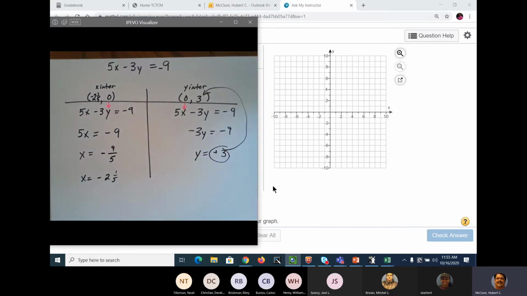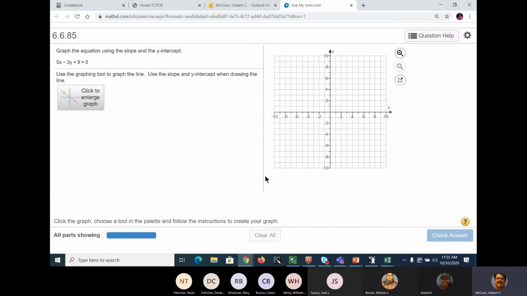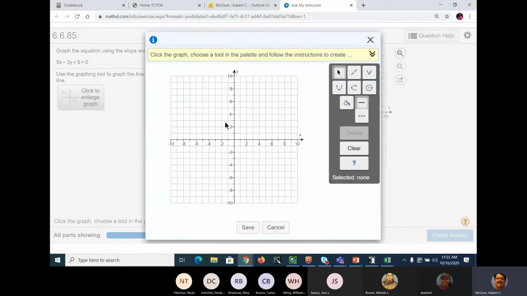I think they made a mistake and gave us a fraction on this one. I don't know if you're going to be able to get this one right if they didn't graduate it where you can do fractions. Nope. So I don't know how you're going to get this one right. So -2, so you can't do a fifth.